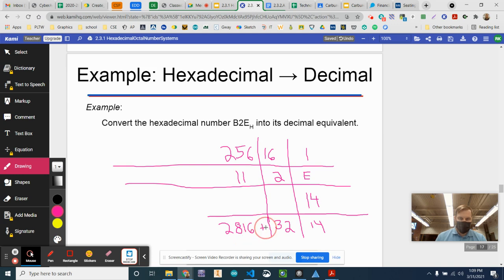Okay, and remember now we're just going to add all three of these values up. So plus 32 plus 14. The total value is 2,862. And don't forget to mark it as base 10.